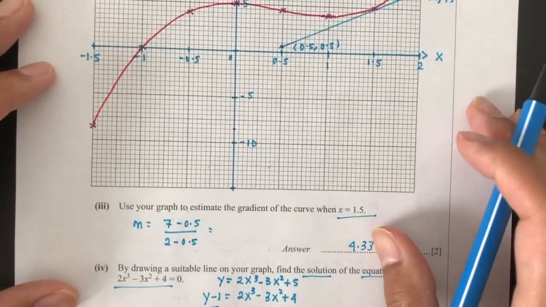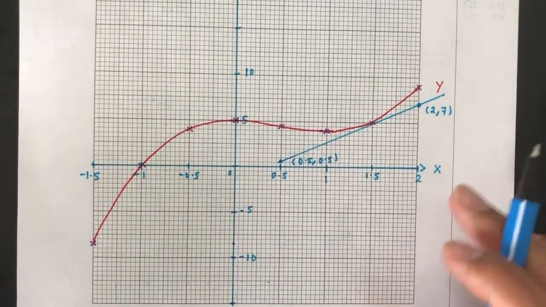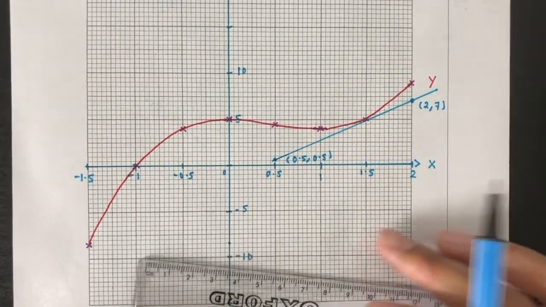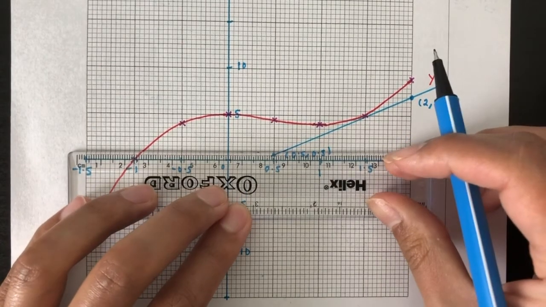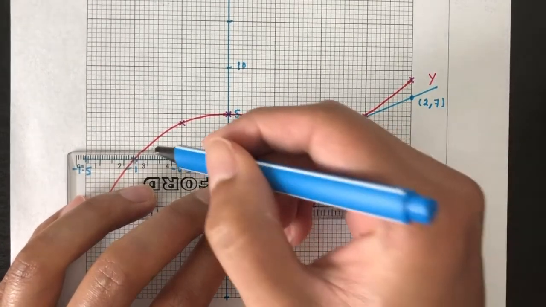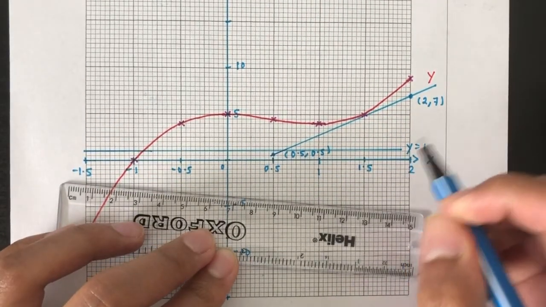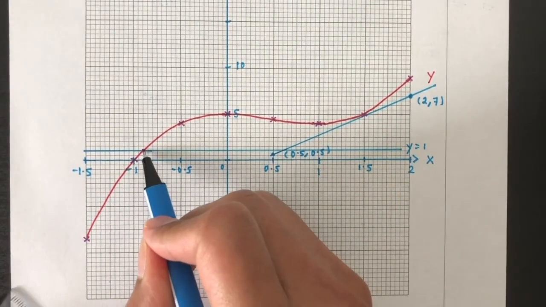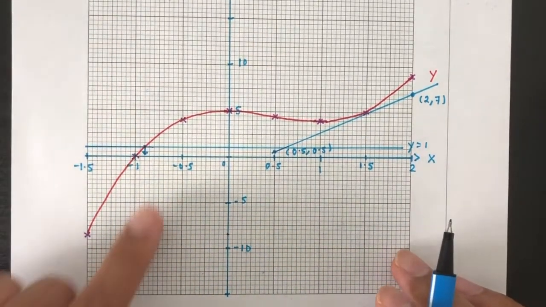So let's draw this line and see what value we have. y equal to 1 will be our horizontal line on this one, and let's see where is 1. 1 will be about right here. So by drawing this line, label this line as y equal to 1, it will cut the curve at this point, which is your corresponding value. So what is this value of x?